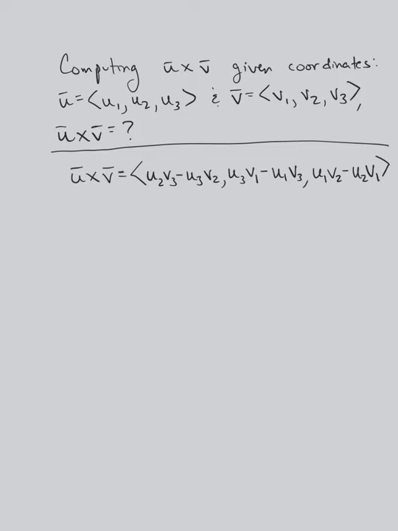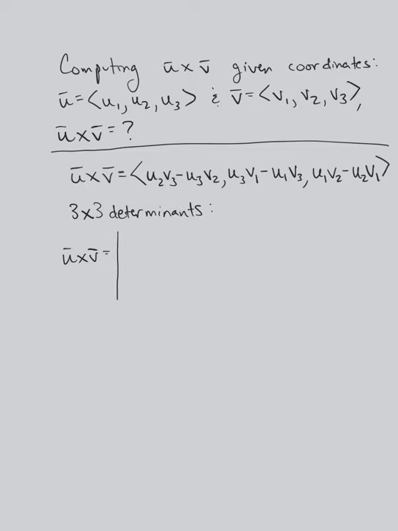Okay, now I'm not going to go into this in this video, so you might have to look up more about 3x3 determinants. But what I can do is compute u cross v. This isn't a real determinant because we have vectors and numbers.